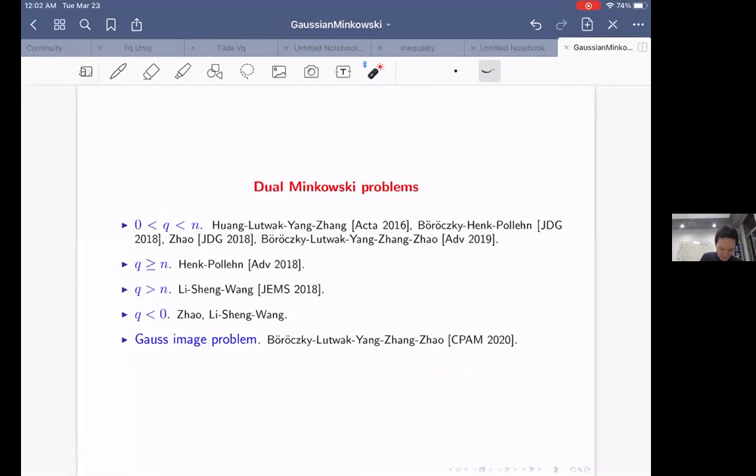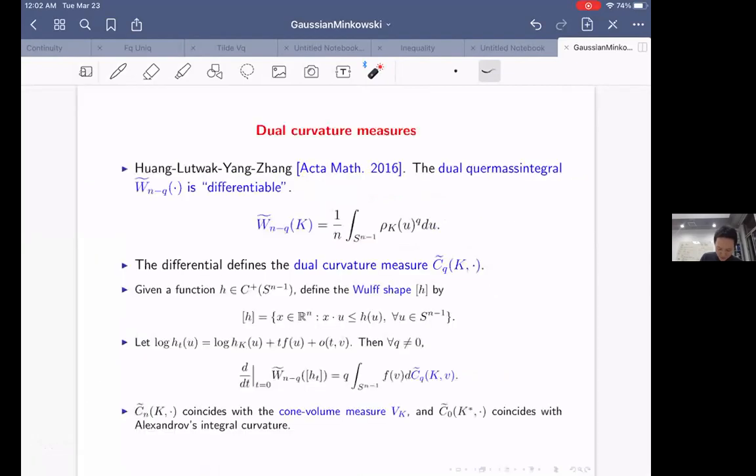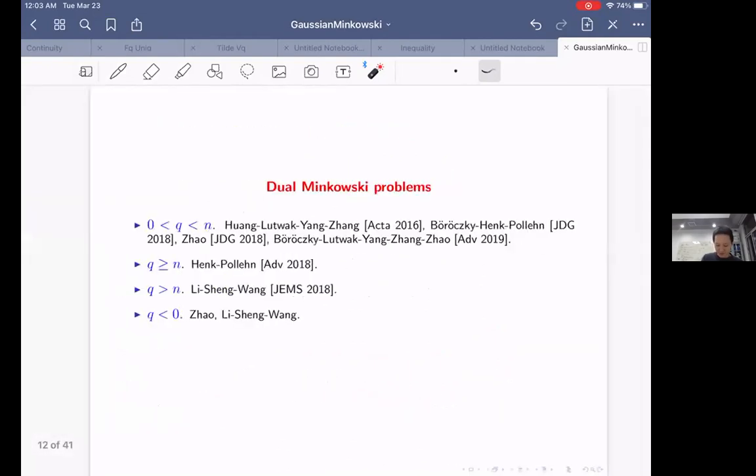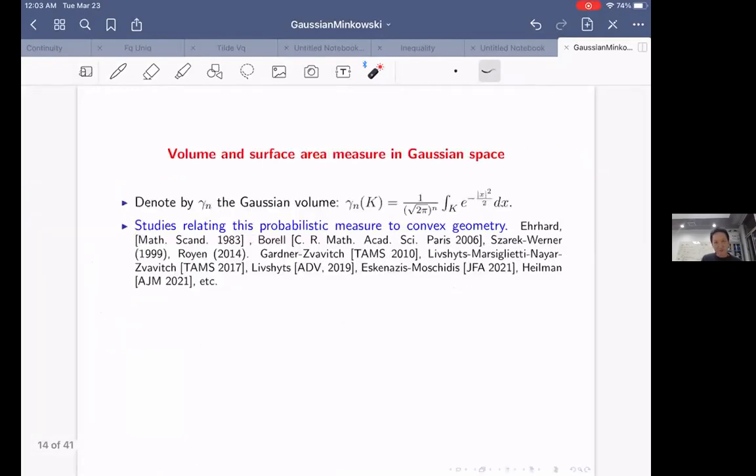An important thing to note is that the techniques developed in HLYZ's paper, when they proved that variational formula, can be easily applied to many other quantities.